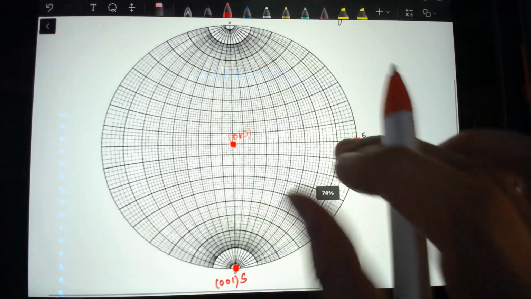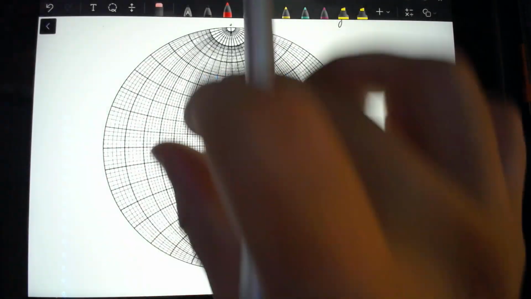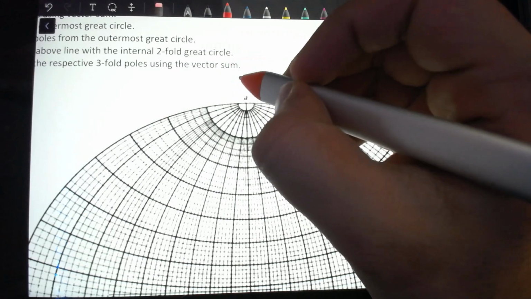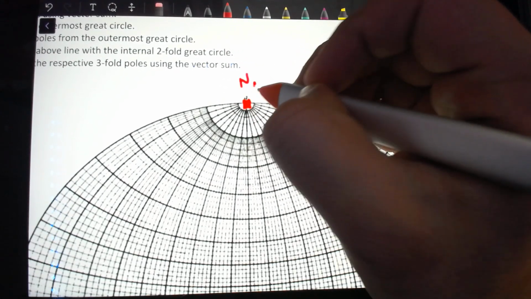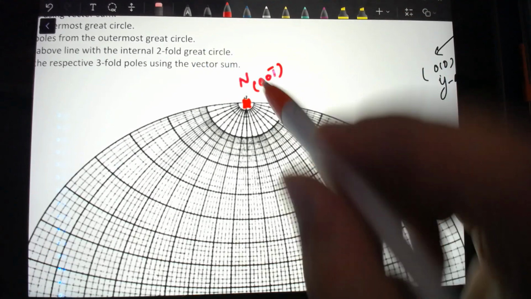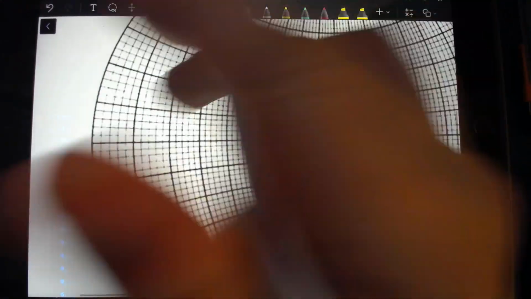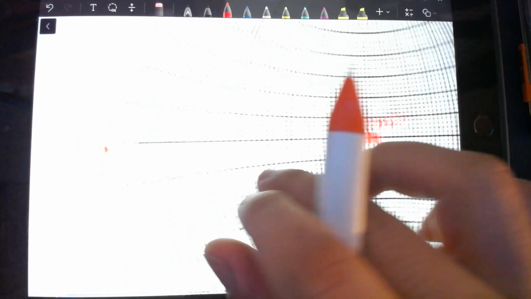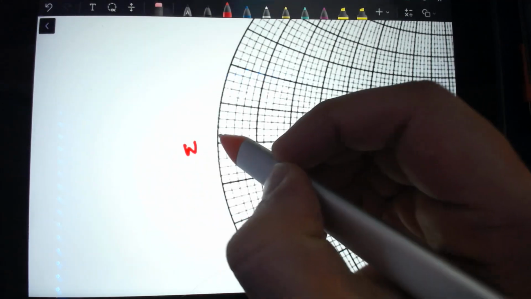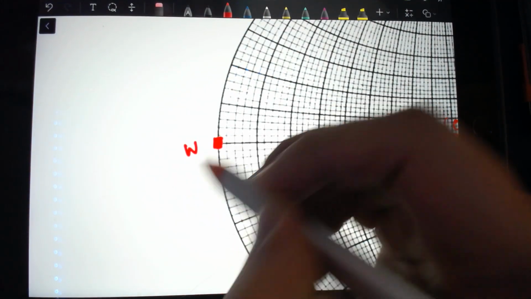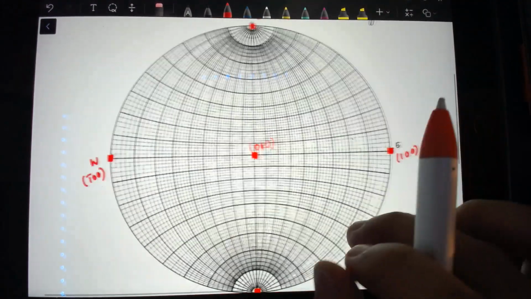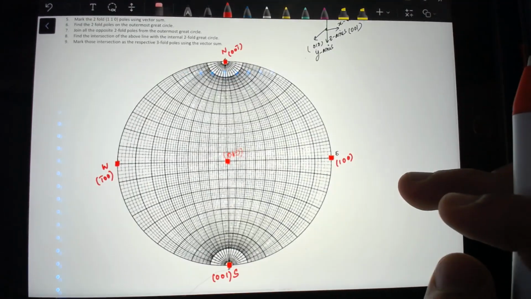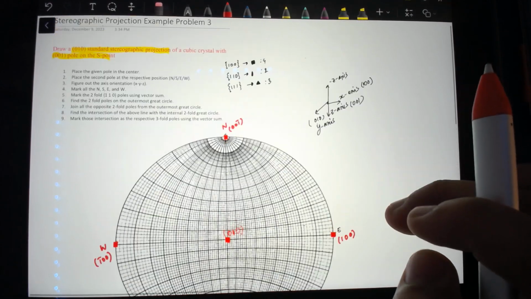Now, once we have these filled up, we can fill the opposites. So the north pole will just become the negative z-axis, that is 0, 0, bar 1. The west will have the negative of the x-axis, which becomes bar 1, 0, 0. And we have filled up all the 1, 0, 0 family of poles.